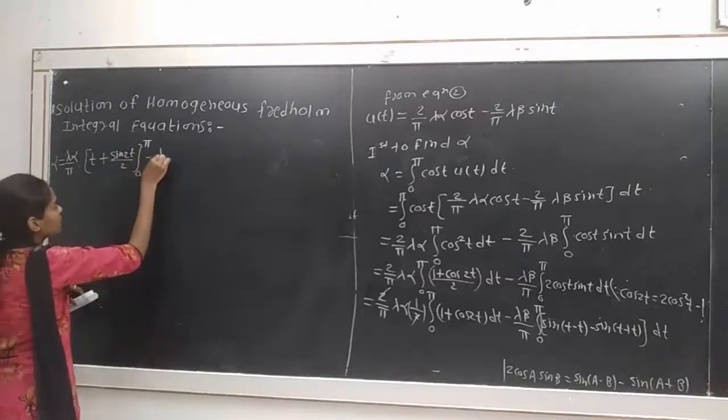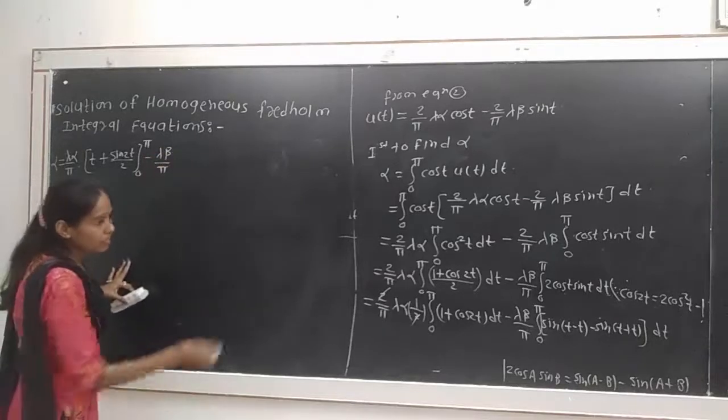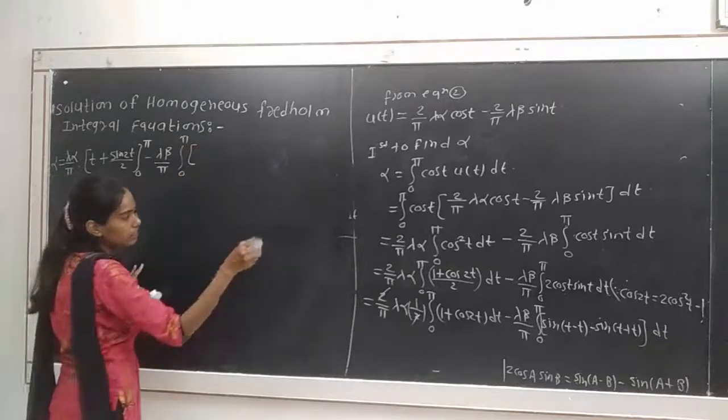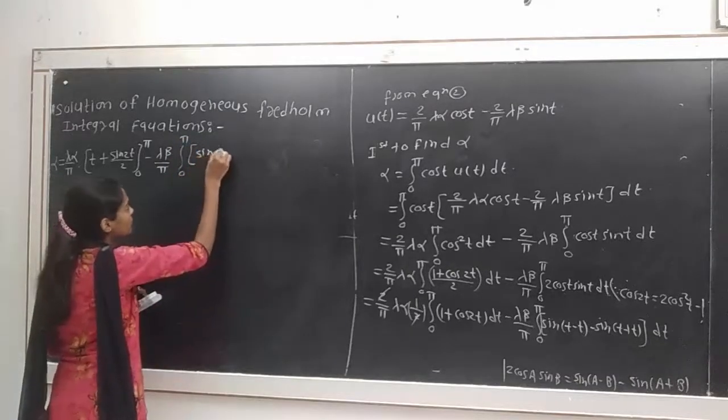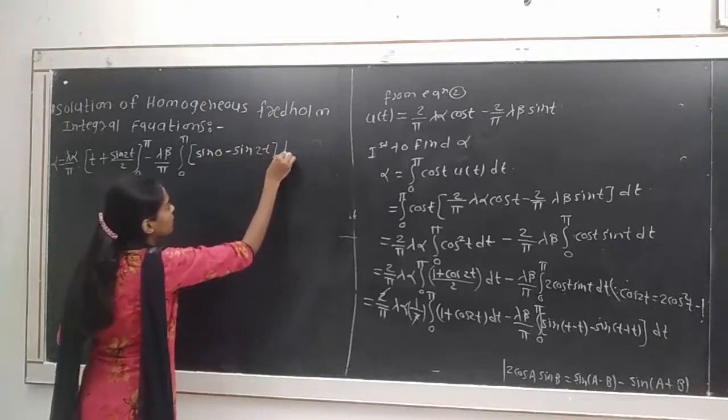Then minus lambda beta divided by pi, in integration 0 to pi, first will be sin t minus t, so we get here sin 0 minus sin 2t dt.